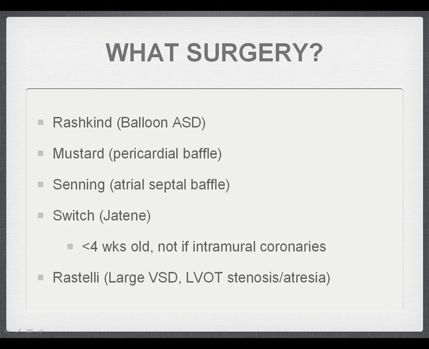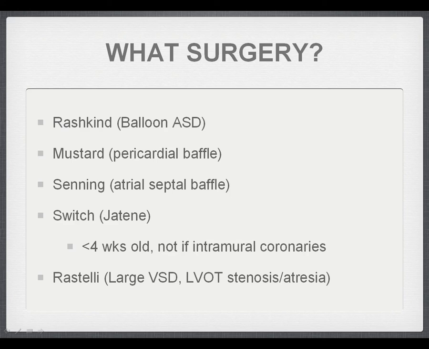By no means all, because there are reasons why you would still do some of the older procedures, such as a Mustard or a Senning, in these cases if the patient wasn't suitable for the arterial switch, if they had intramural coronaries, or if there was a late presentation. By late presentation I mean that if the patient was more than 4 weeks old, because typically the arterial switch doesn't work well in patients who have left ventricles that have been exposed to the low pulmonary venous pressures for a long time.